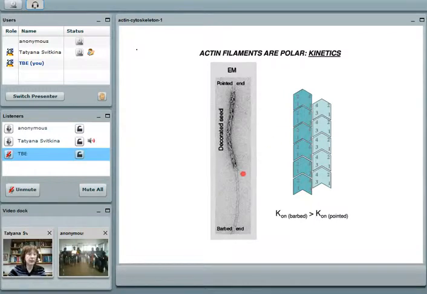And this indicates that the association rate constant for the barbed end is greater than the association rate constant for the pointed end. So these ends are kinetically different. One polymerizes monomers faster, another slower. And remember, this is at the same concentration of monomers, so we talk only about rate constant, which is different.